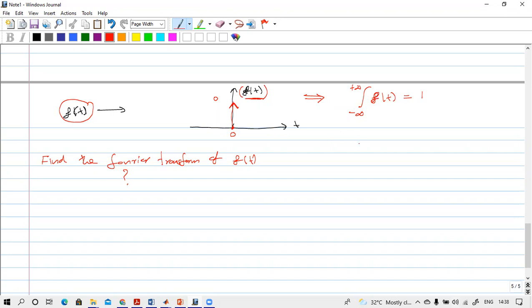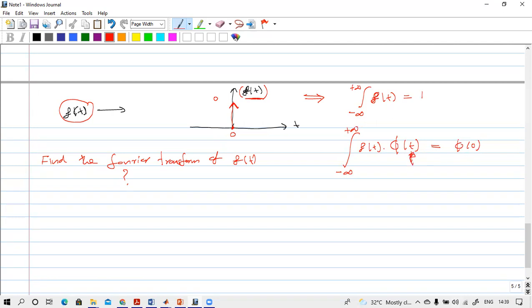And there is another property. If you multiply this delta t function with any other function, periodic or aperiodic, and you integrate from -infinity to +infinity, you will get the value of the function at t is equal to 0.